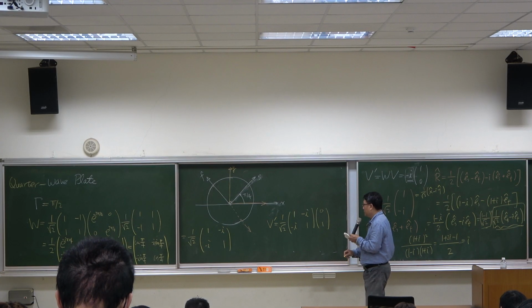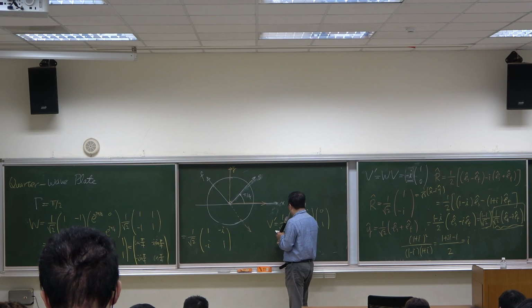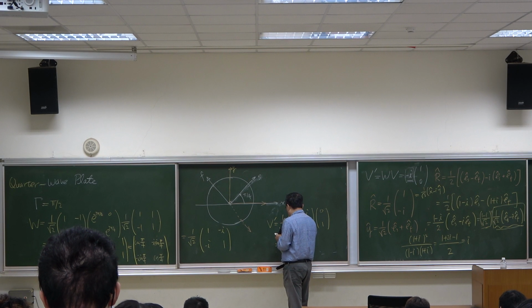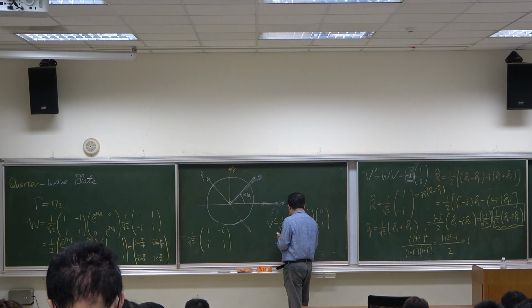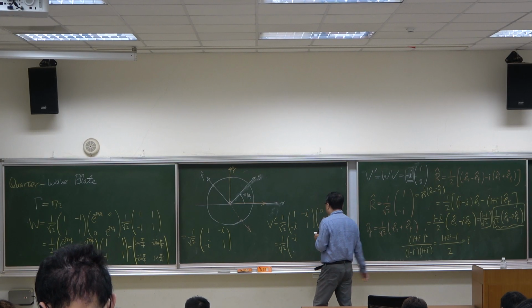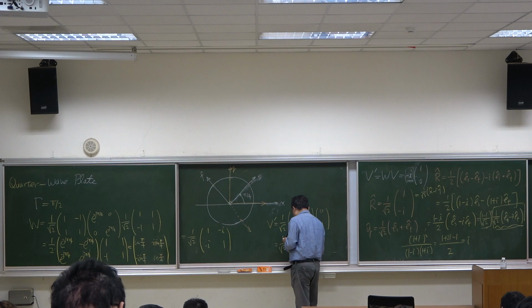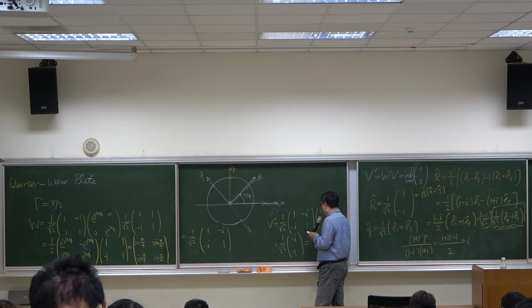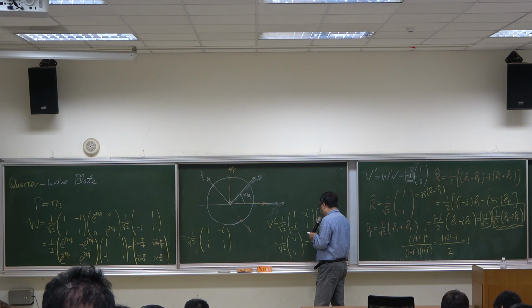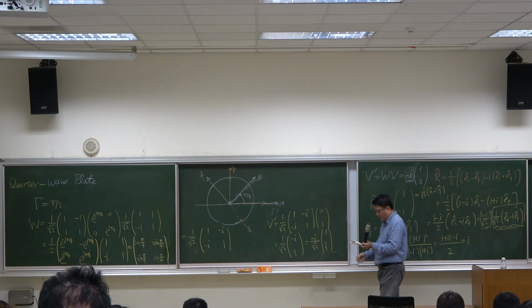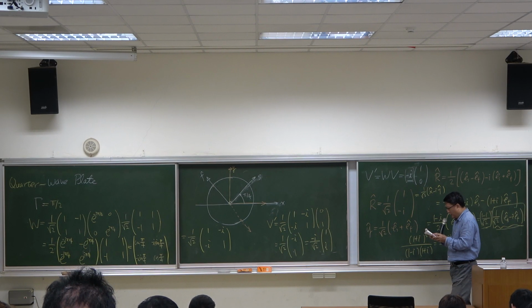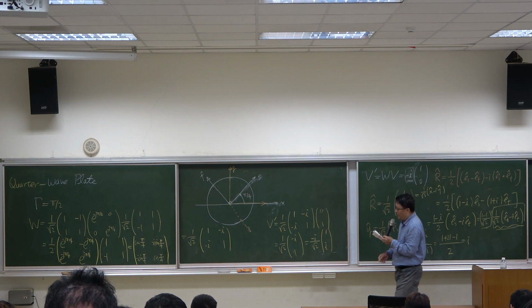Okay, so this is minus I, 1, and we can factor out this minus I to get 1, I. Okay, so this is the left-handed circularly polarized light.